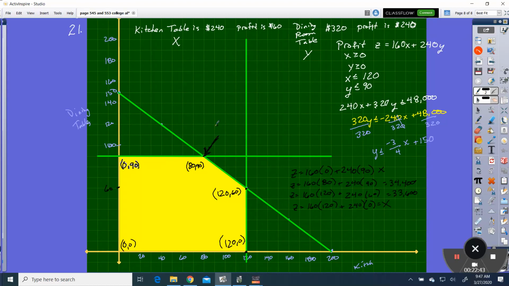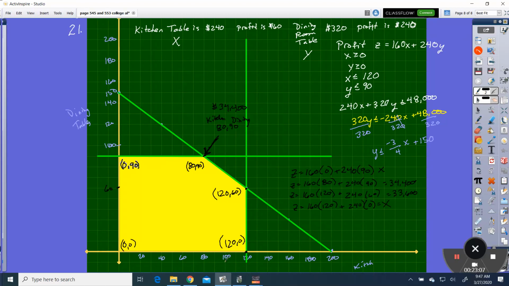Okay. So 80 and 90. So that means we make 80 kitchen tables, 90 dining room tables, and our maximum profit is 34,400 per month. Okay.